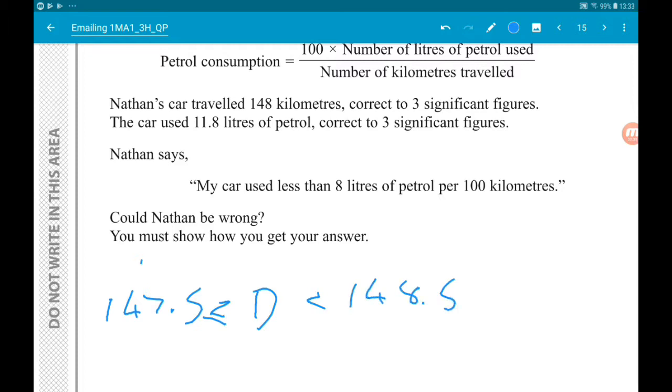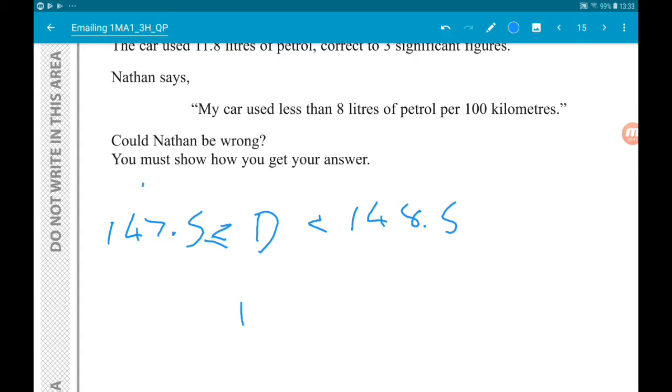Now, for the petrol used, our lower bound would be 11.75, and our upper bound would be 11.85.